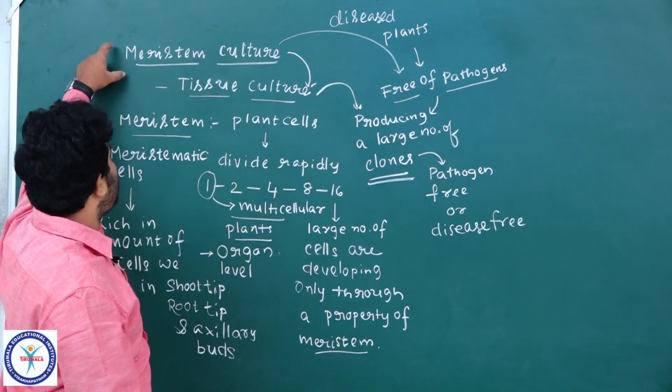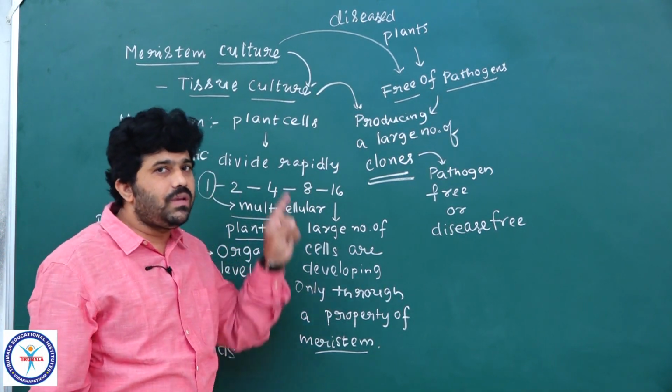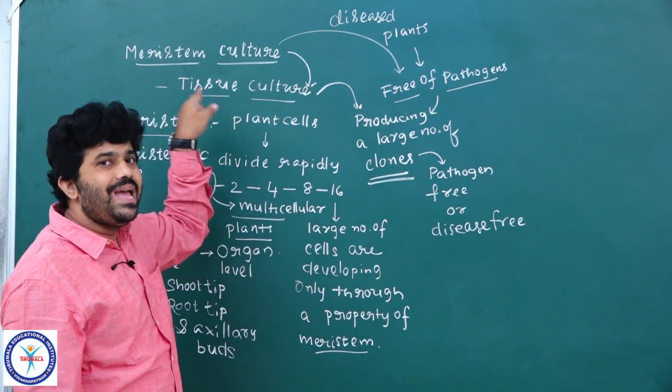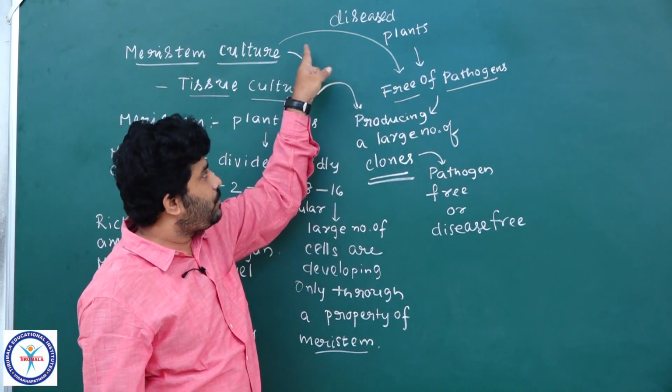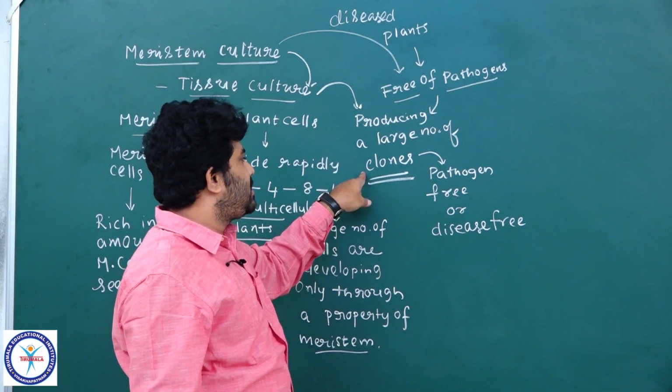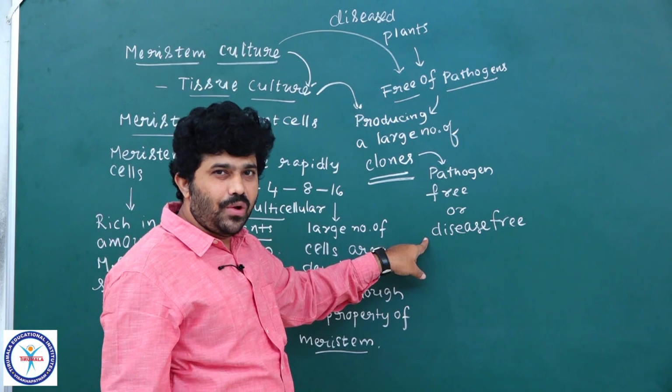That's why we call this process meristem culture. For what purpose do we grow these meristematic cells? Just for the production of young generations as clones which are pathogen free and disease free.